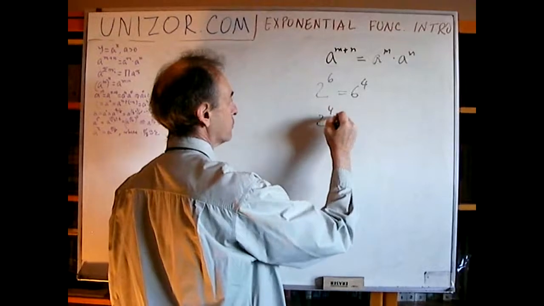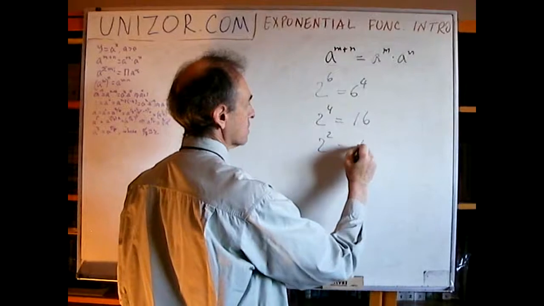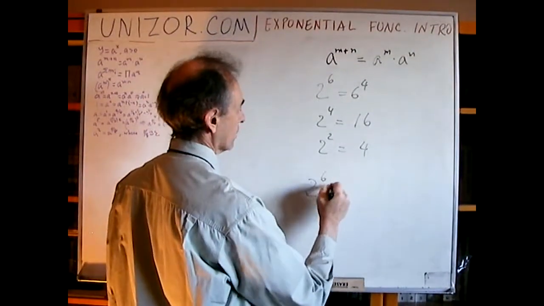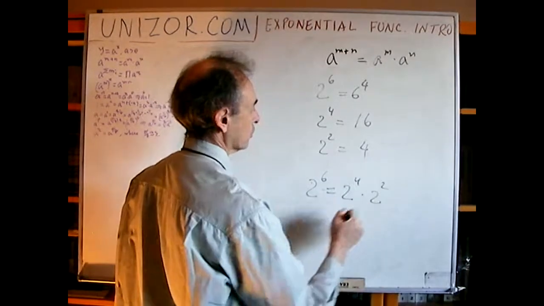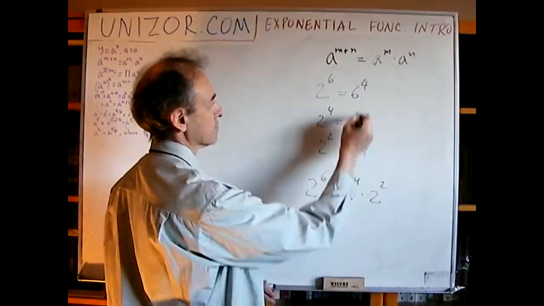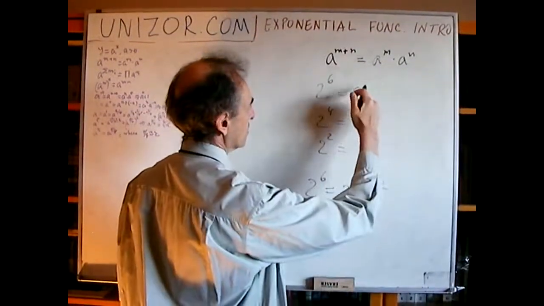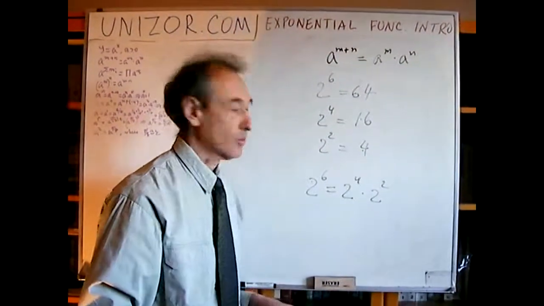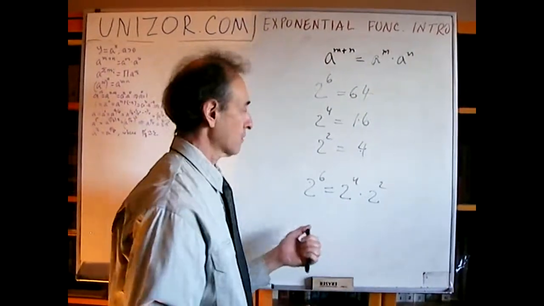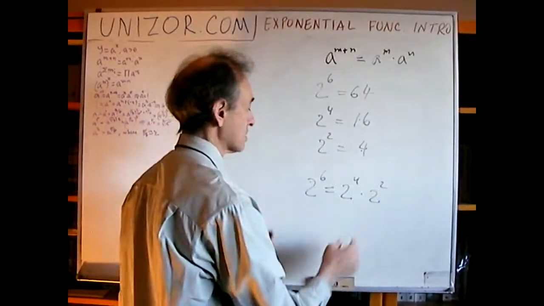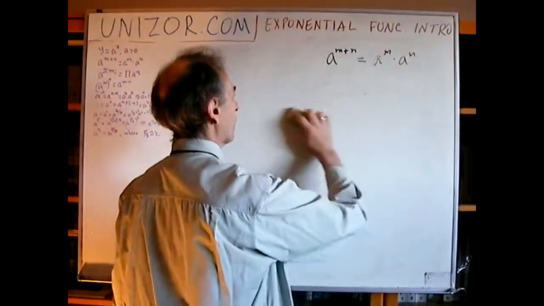Now, 2 to the power of 4 is 16, and 2 to the power of 2 is 4. 2 to the power of 6 is equal to 2 to the power of 4 times 2 to the power of 2, because 6 is 4 plus 2. 16 times 4 is 64. So this is obviously preserved. I mean, this is not a proof. Proof I did before. This is just an illustration that this is a very important property of exponents.